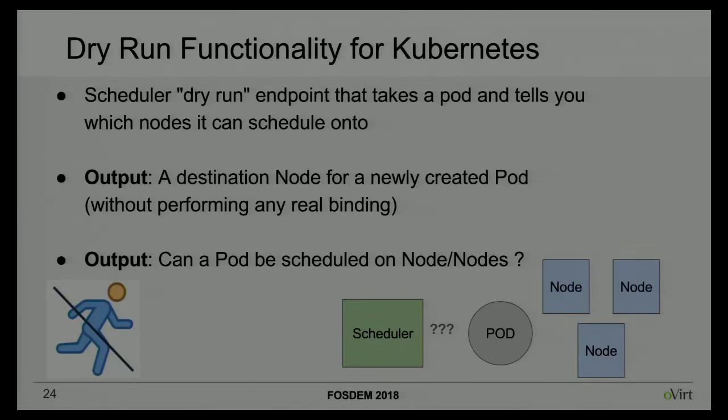So scheduling simulation basically means you take a dry run endpoint that will take a pod, and eventually will tell you where the pod will be created, or where the pod will be bound to. Or even before, I want to see if it can be even bound to a specific node, even before getting the results. So these are two of the outputs. Very simple for a dry run functionality.